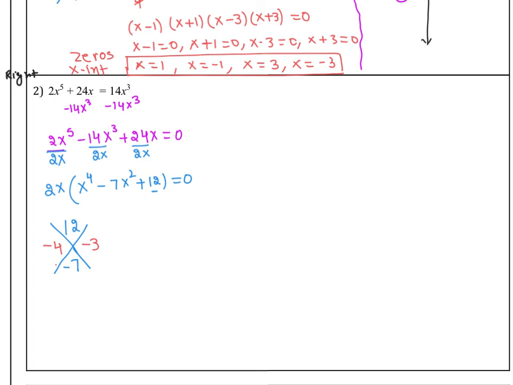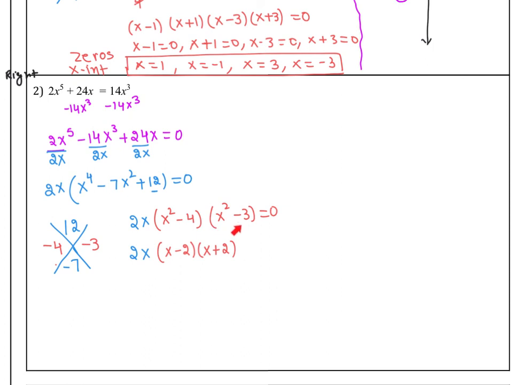The 2x stays as it is outside, and the factors are going to be x squared minus 4 times x squared minus 3 equals 0. For this factor, you can apply the difference of squares formula, that is x minus 2 times x plus 2. The 2x remains as it is.